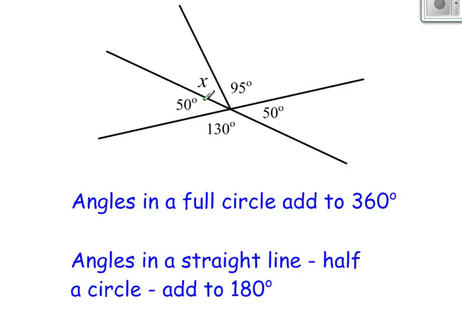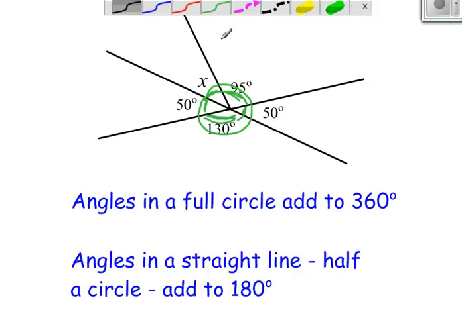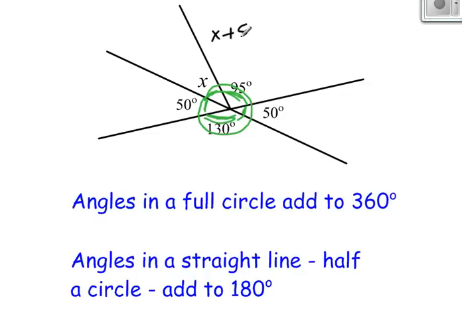So therefore, x plus 50 plus 130 plus 50 plus 95 must add to 360. And you can write that as an equation. x plus 50 plus 130 plus 50 plus 95 is 360 degrees. And you can solve for x in this equation.